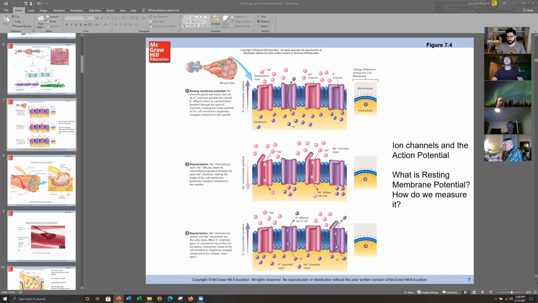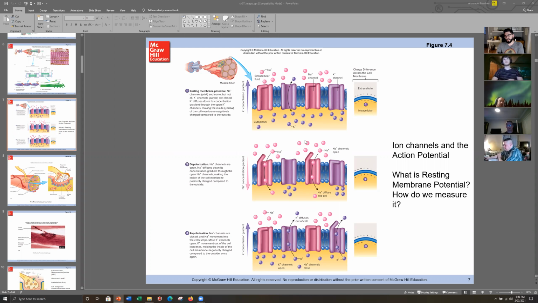We can see here that as we allow sodium ions to diffuse into the cell, what was once negatively charged inside becomes positively charged, because all of our sodium ions are positively charged. So we just add more positive stuff in here. We make the inside positively charged. The outside becomes negatively charged. That's what we call depolarization.